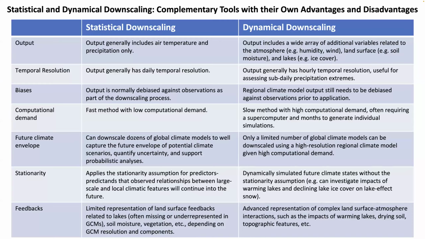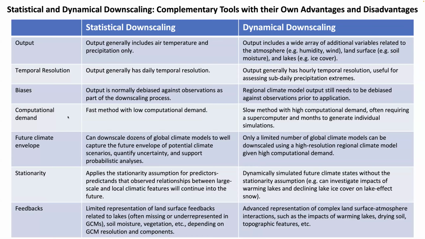In terms of biases, I didn't cover this a lot, but statistical downscaling generally debiases the climate model input against observations as part of the downscaling process. Regional climate model output still needs to be debiased to observations prior to an application, but ultimately they both are debiased.